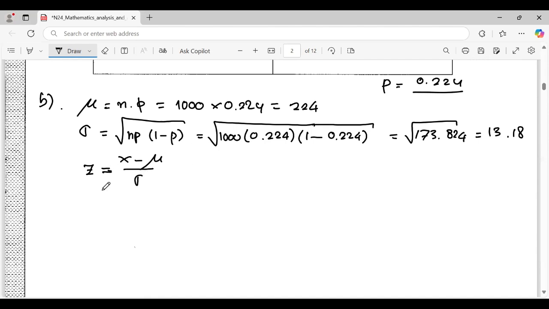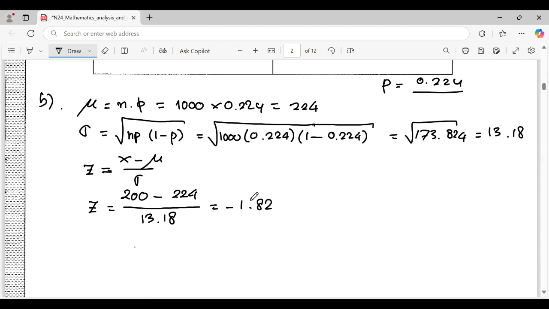This is the formula. X is 200, mu is 224, over 13.18, which equals minus 1.82.